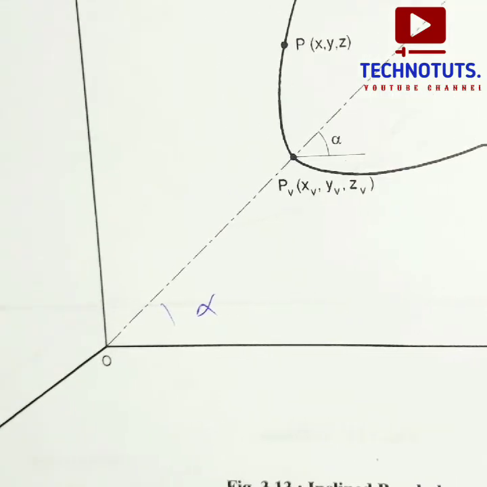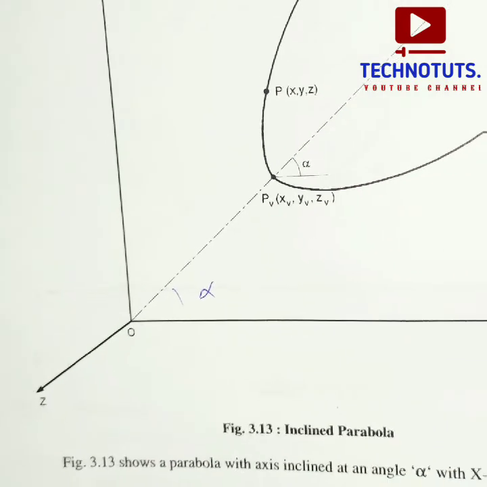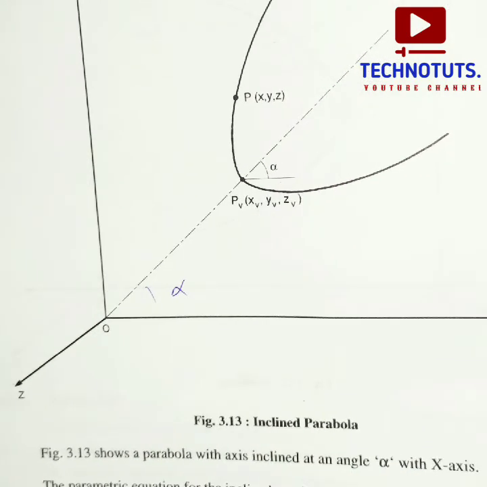Let us revise, let us see it once again. The parametric equation for the inclined parabola can be represented as, for x coordinate, x is equal to xv plus au square cos alpha minus 2au sin alpha.